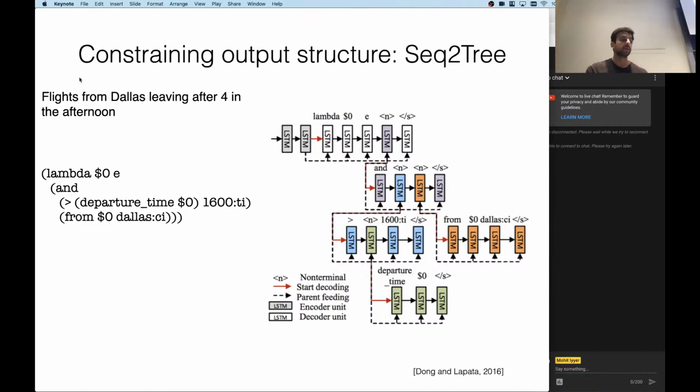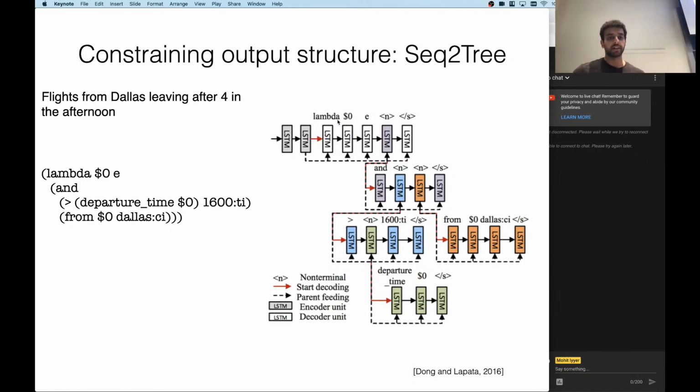So if someone calls up, like Delta Airlines, and says, give me all the flights from Dallas leaving after 4 in the afternoon, you might convert this into some sort of structured representation of this query and then execute it over your travel database to get the relevant flights. So you could just generate this logical form token by token, but you could also generate it kind of hierarchically.